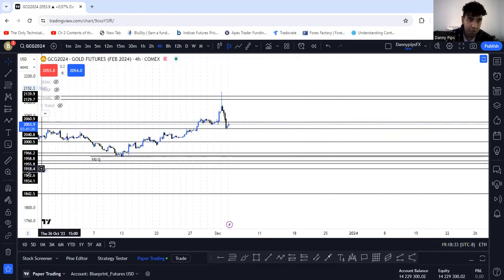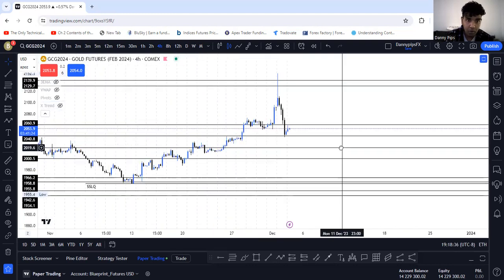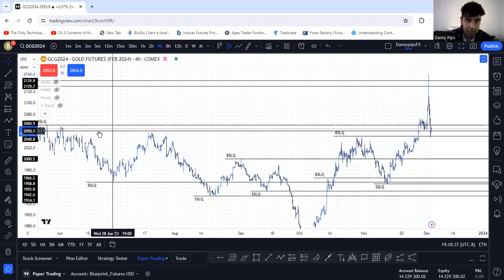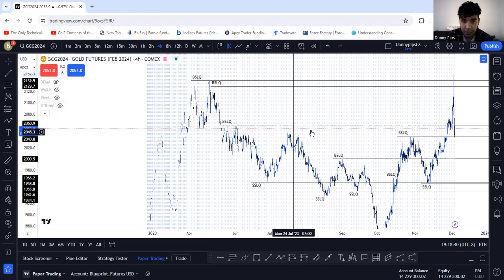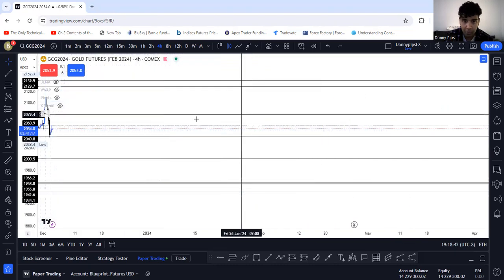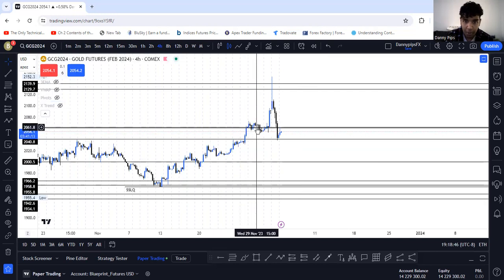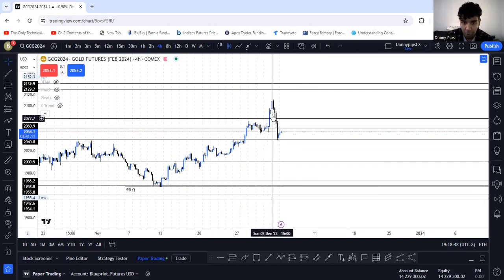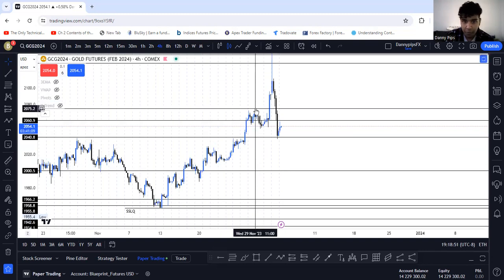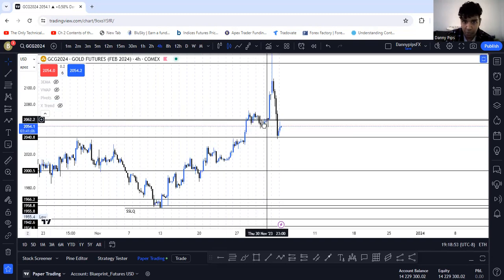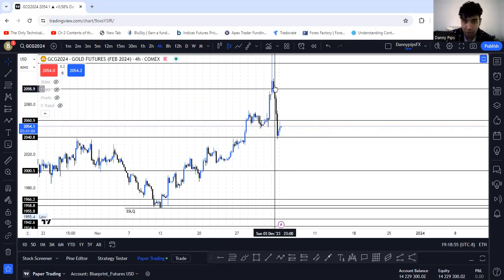If we look at price action right now, we've broke inside of this buy side liquidity level. Previously, we were breaking above, resting above. We kind of broke back below, but after we broke back below, we created that swing point low.